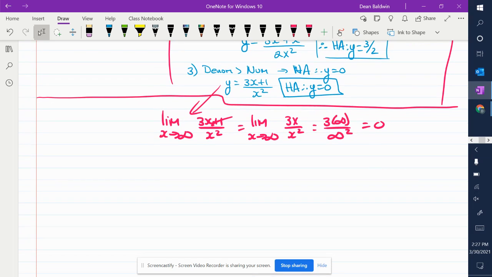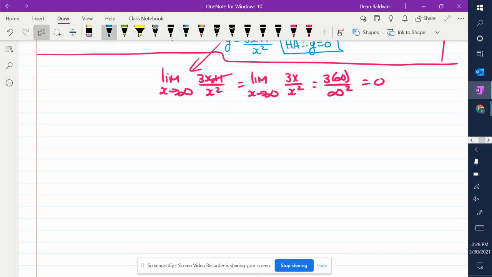All right, let's just do a curve sketching question because I know he did one today. All right, here's our question. Curve sketching.